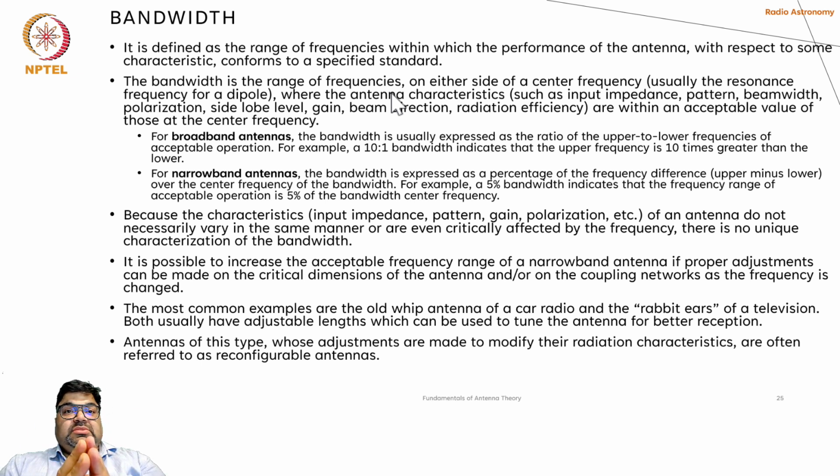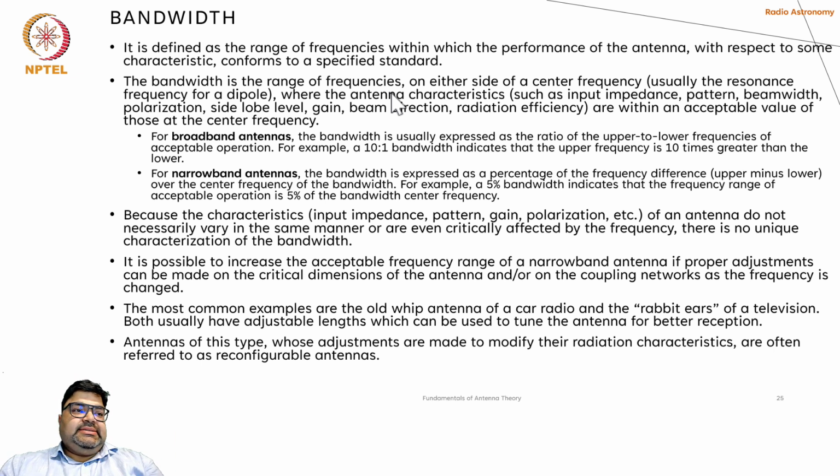We cannot design an antenna which is monochromatic, meaning it only operates at a single wavelength. Whenever we design a radiating antenna, there will be a range of frequencies over which it is sensitive.